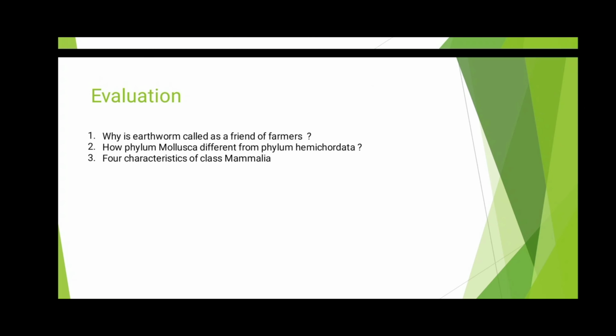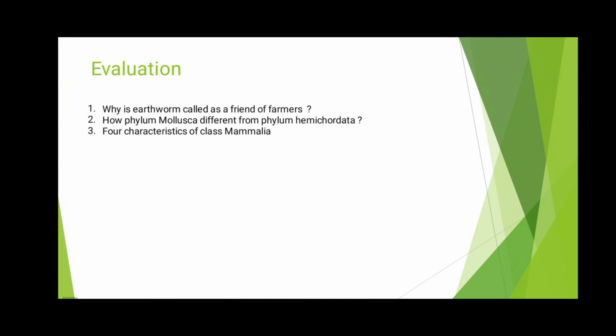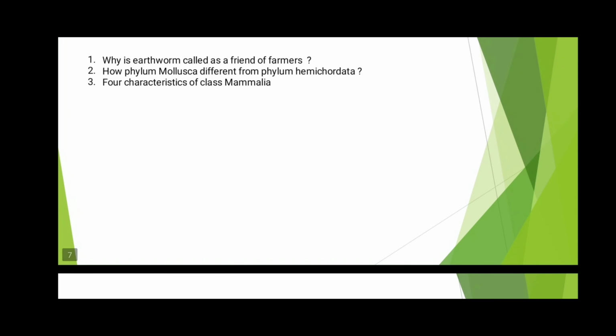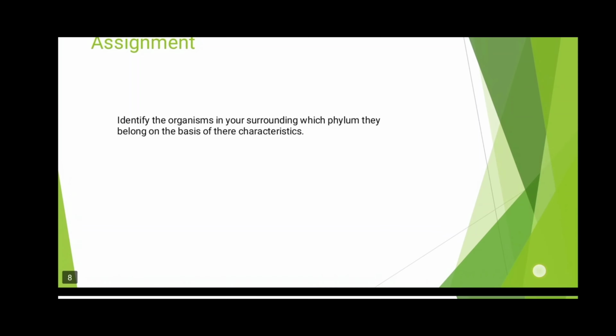What about Hemichordata? The body is divided into three parts: proboscis, collar and trunk. Very good. And now tell me some four characteristics of Mammalia. Okay, just skip this one because we did not study this part today.